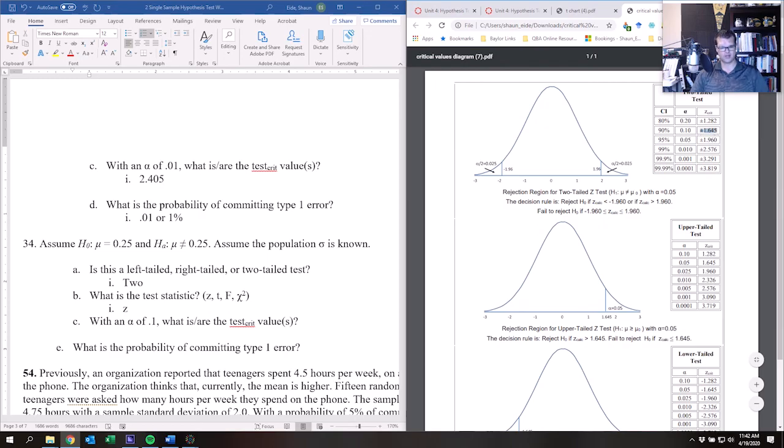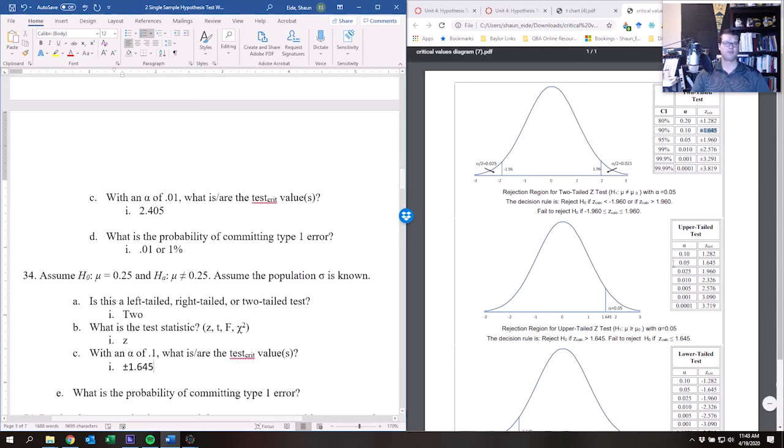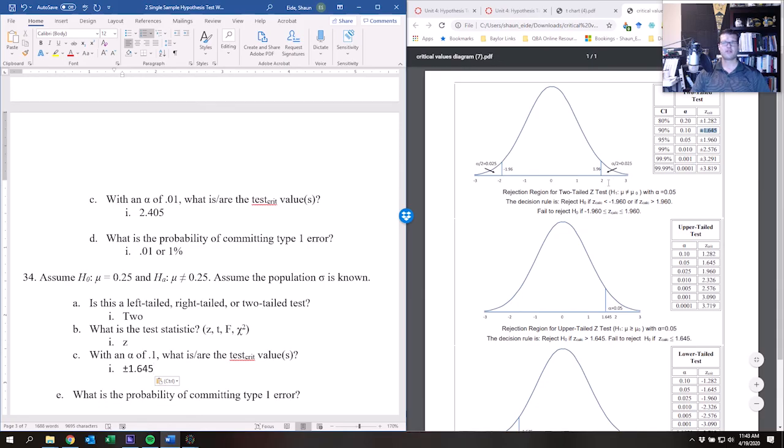So there's a 5% chance of it being below the lower critical value, and a 5% chance of it being above the positive critical value. In other words, the probability of you randomly getting a result above a z-value of 1.645 or below negative 1.645 is 10%.